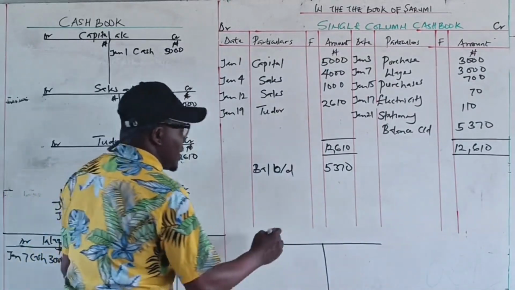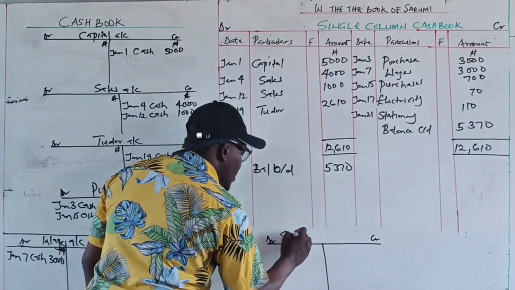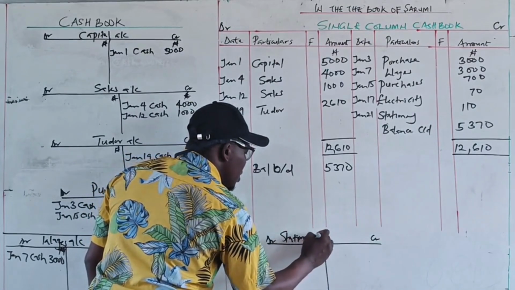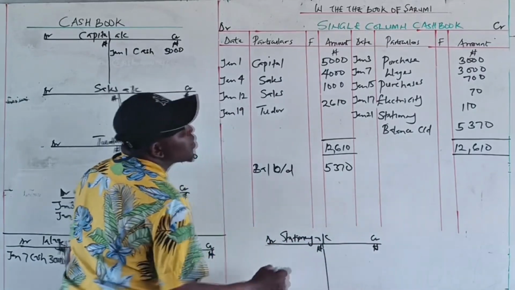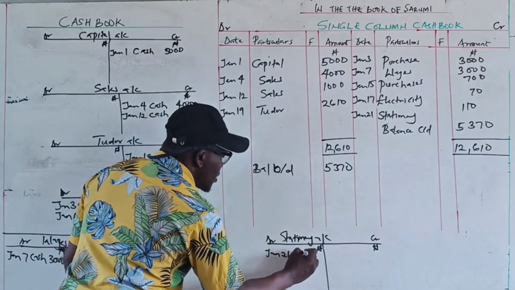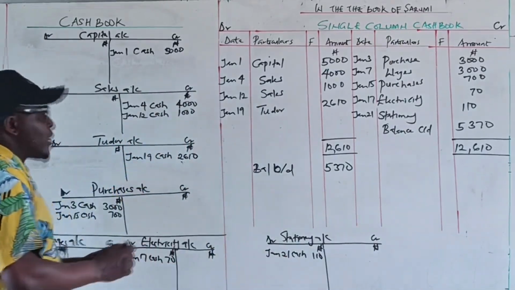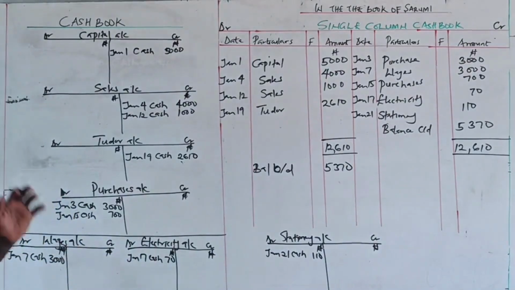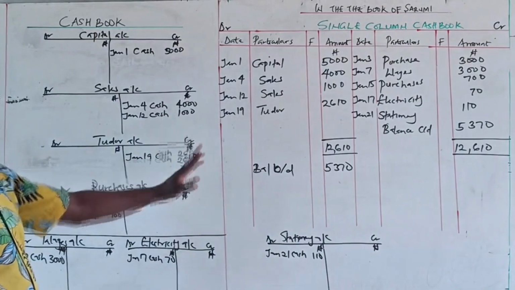And the last of it is the stationery account. So I have January 21, cash, 110. By doing this, you have completed the double entry system of these transactions.